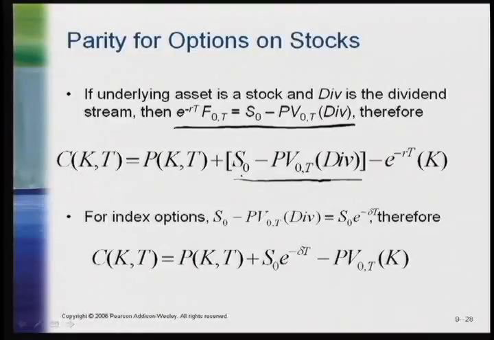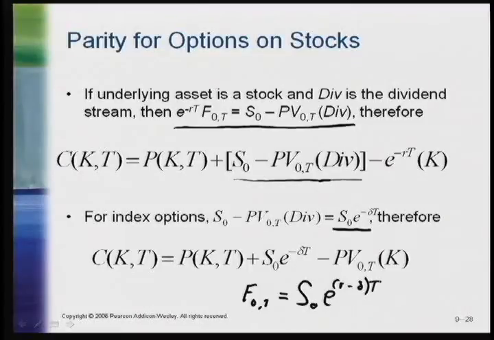On the other hand, if you have an index option or an option that pays a continuous dividend, and indexes can be approximated by that, then the adjustment for the forward price is S0 e to the minus delta T. And that is because the forward price for stock with continuous dividends is the initial price accumulated with risk-free rate minus the dividend rate to time t.